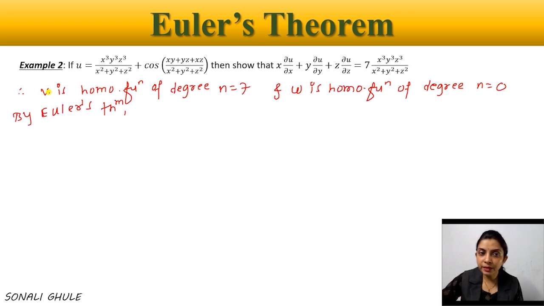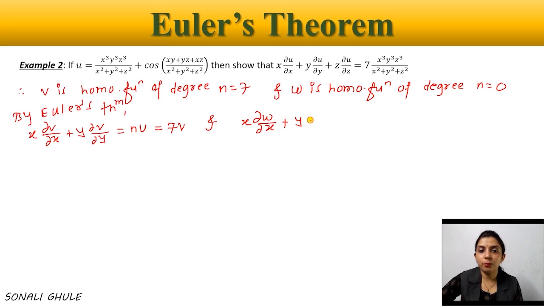So first of all I am going to write for v: x ∂v/∂x + y ∂v/∂y is equal to n into v, that is equal to 7v, and x ∂w/∂x + y ∂w/∂y equals n into w. But what is the value for n? 0. So it is 0, right?